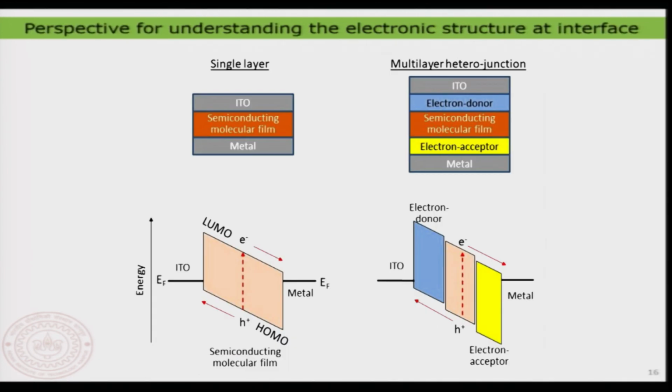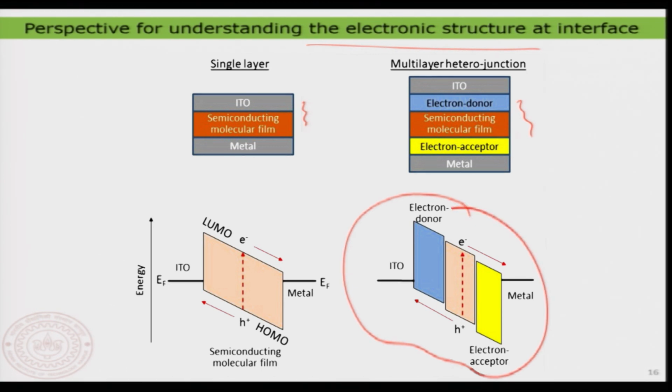And of course, I would put it into perspective that understanding the electronic structure of an interface is quite important. That is something I have already told you in the previous classes, that if you want to construct junctions, for example, this is a layout for a solar cell with a single layer active material or bilayer heterojunctions and so on. Everywhere, what you are interested in is to understand the electronic structure of the interface, and that decides the efficiency at which the electron or the hole is transported to the electrodes.